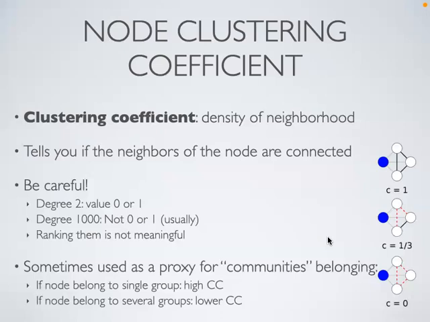So if you belong to a single group, and you look only at your connections with people of your class, you will have a high clustering coefficient. Your friends are friends together. But if you belong to several groups, for instance if you have moved to many cities and attended one year in Paris, one year in New York, and one year here, then you probably have friends from New York, friends from Lyon, friends from Paris, and they are not friends together. So if you belong to several groups, you will probably have a low clustering coefficient. This value of clustering coefficient can be interpreted in this way.